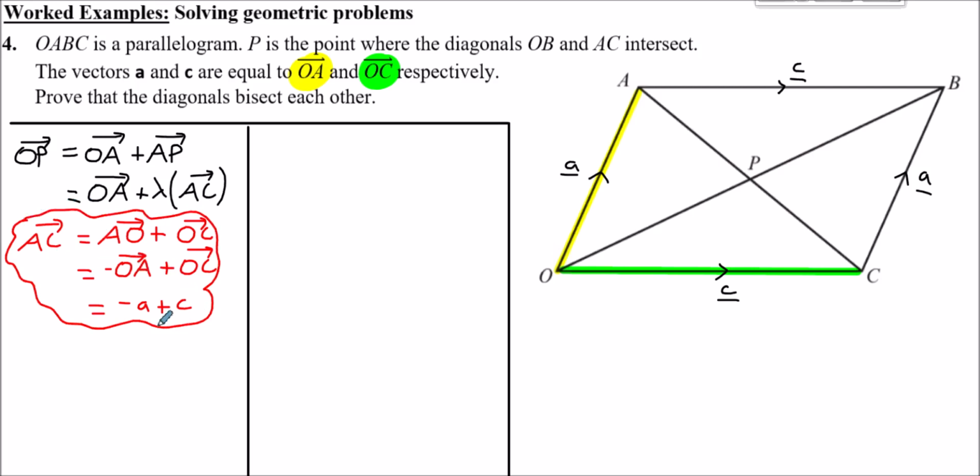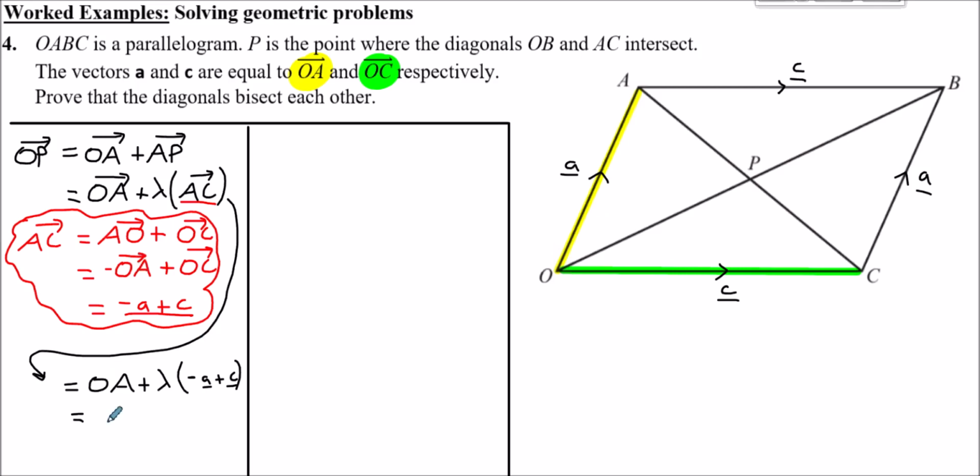Okay, so now we've got this, we can replace AC with what it is in terms of A and C vectors. So OP equals OA plus some multiple of from A to C, some multiple of minus A plus C, because AC is minus A plus C. And I might as well replace OA as well.